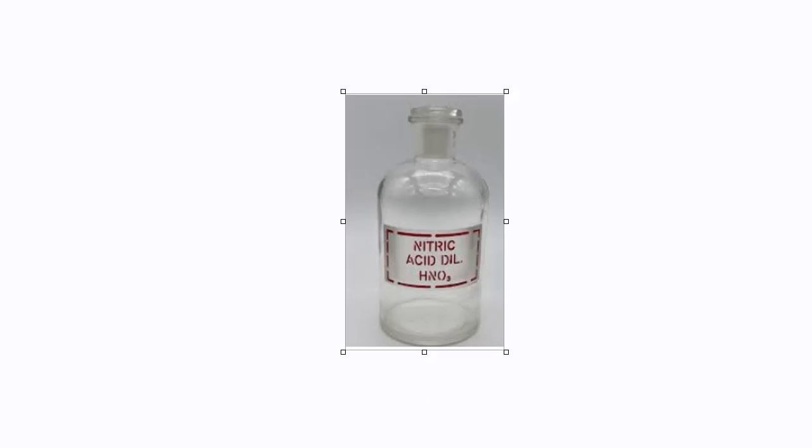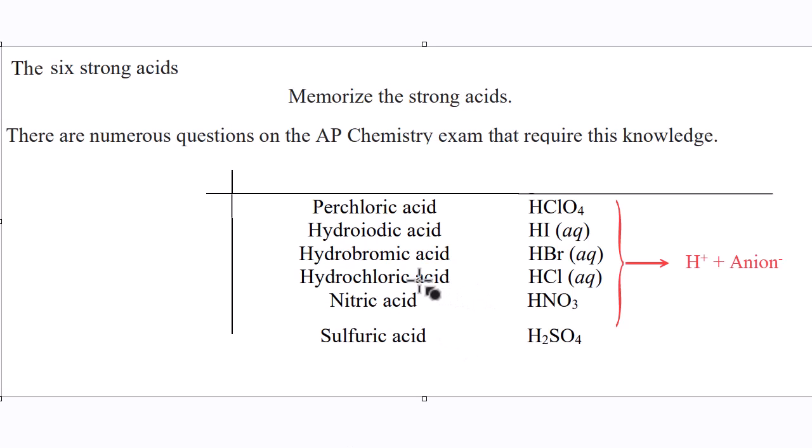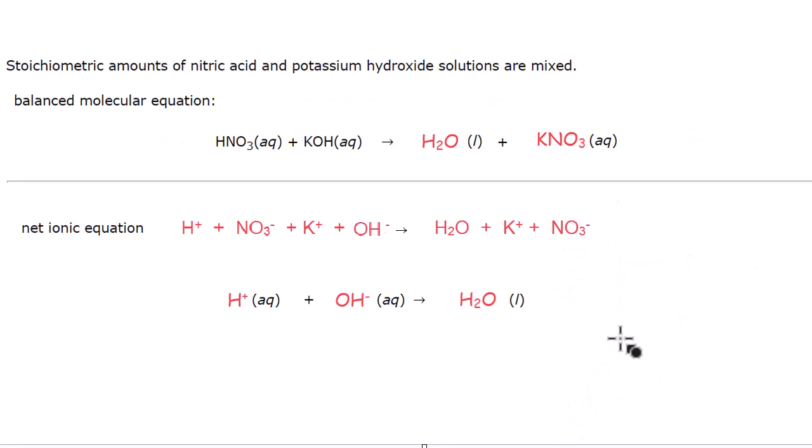And look, they even make bottles labeled specifically for them. So those are easy to memorize. You just have to come up with the perchloric, hydroiodic, hydrobromic. Those are fun to say. And that's pretty much it. Writing an acid-base metathesis reaction is fun if you just have a strong acid and a base.